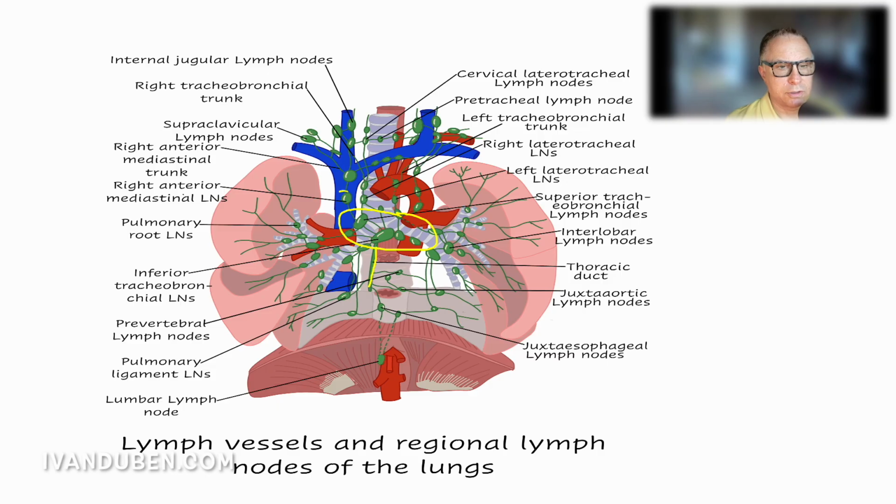We have a right anterior mediastinal lymph node here, and then there are lateral tracheal lymph nodes here, and these chains are all interconnected.